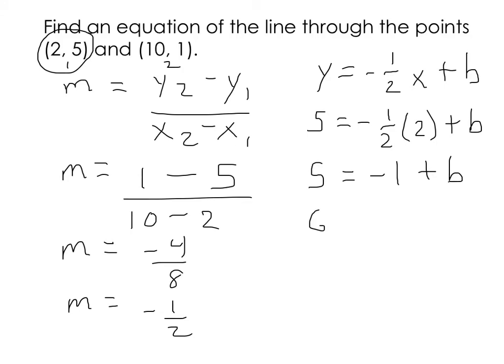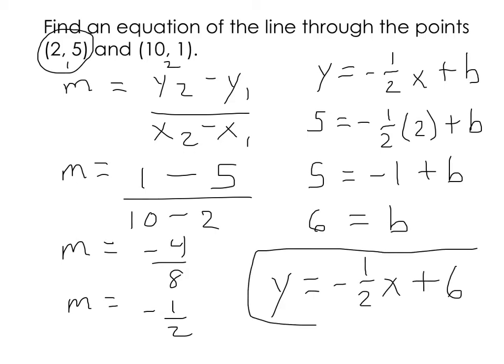Let's add 1 to both sides, and we have 6 equals b. So now we know the slope, negative 1/2. We know the y-intercept. So that is our equation for our line that passes through the points (2, 5) and (10, 1). And you can verify that that's the correct equation by substituting both (2, 5) and (10, 1) into that equation, and it should work.